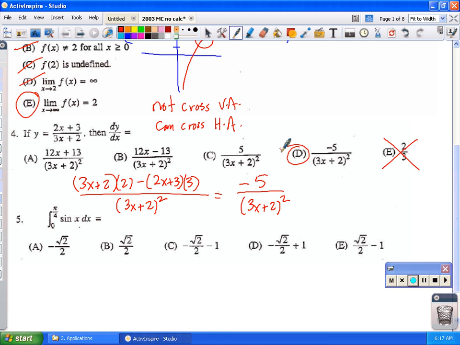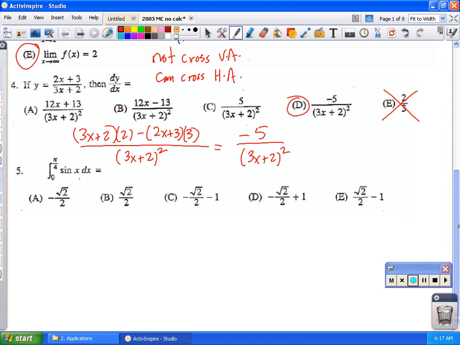D. Number 5, it is a normal integration problem. When we find the antiderivative of sine, we get negative cosine. Remember to check your antidifferentiation by taking the derivative to make sure you have it correct, from 0 to pi over 4.